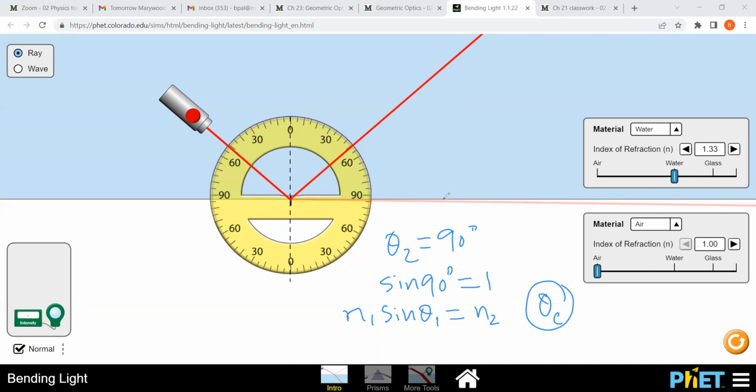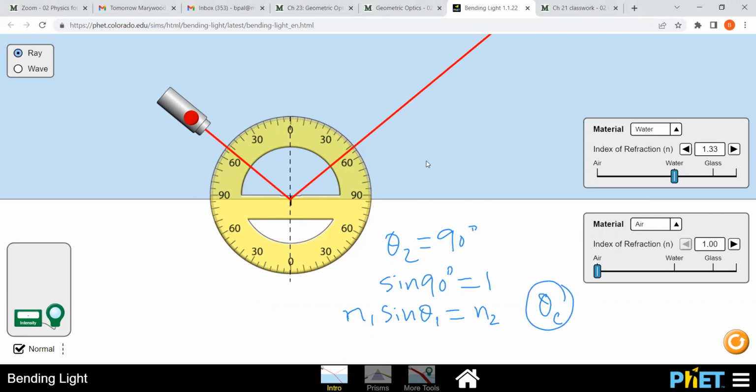Now if we keep increasing the incident angle, it will no longer be in the second medium, it will be in the first medium. All the rays will be in the first medium. So if you see here, if I keep increasing, there is nothing in the second medium, all the rays are in the first medium, because there is no refracted ray.